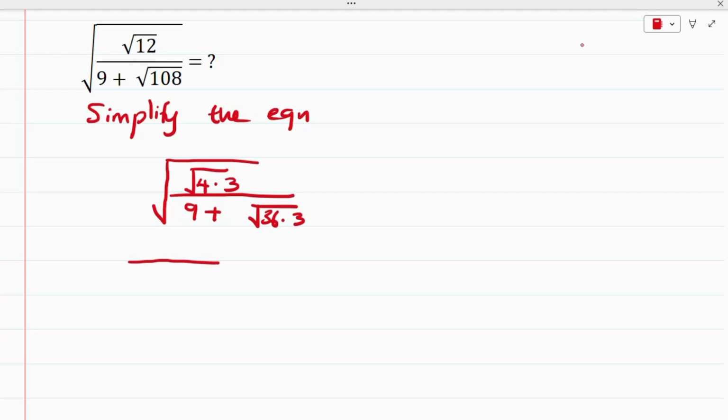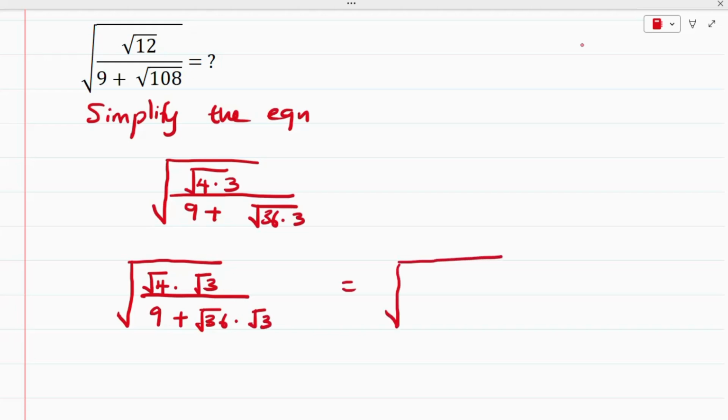So from here, we have the square root of, for the numerator, the root of 4 multiplied by the root of 3, divided by 9 plus the root of 36 multiplied by the root of 3. So this is equal to the square root of, now the root of 4 is 2, so 2 root 3, all over 9 plus the root of 36, which is 6 root 3. So we have this right here.